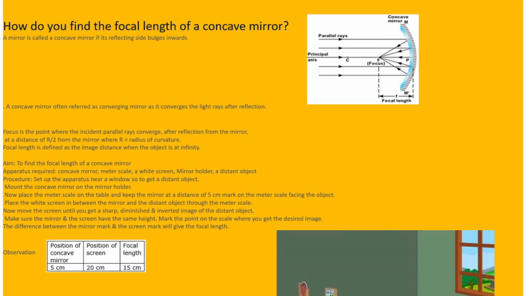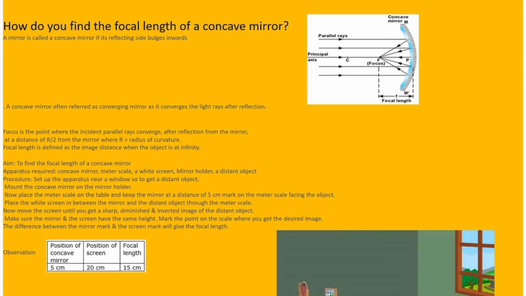That point is called the focal point, and the distance from P to F is the focal length. Make sure the mirror and the screen are at the same height, so that we can see the whole picture of the object. Mark the point on the scale where you get the desired image. The difference between the mirror mark and the screen mark gives the focal length.